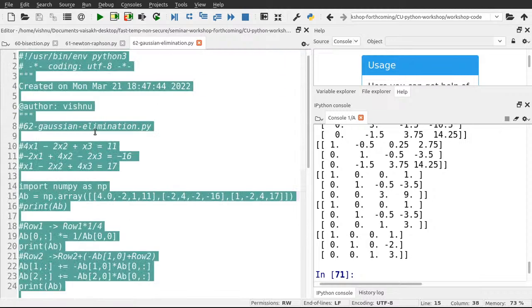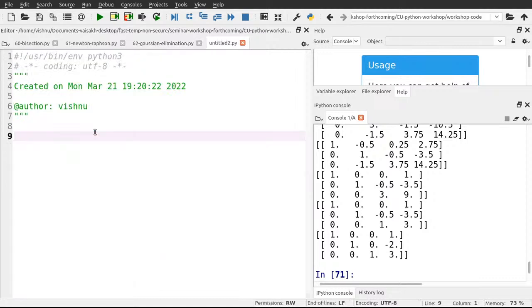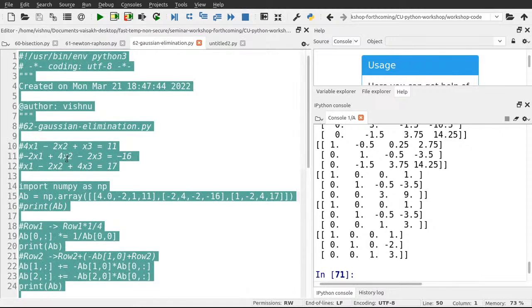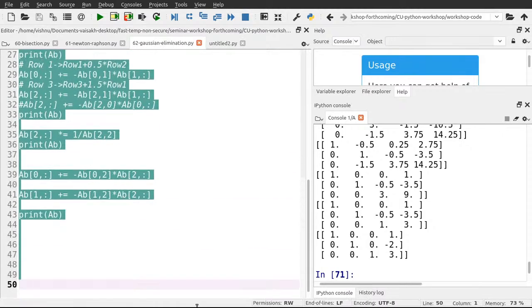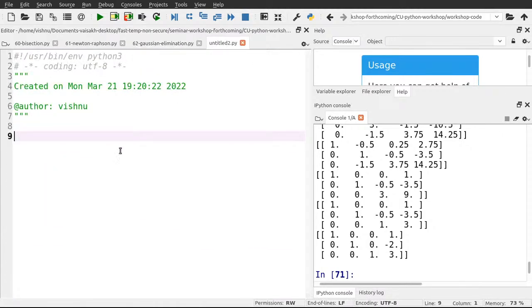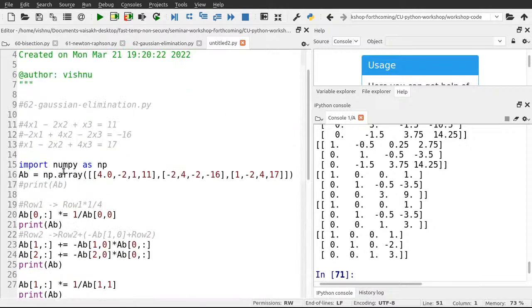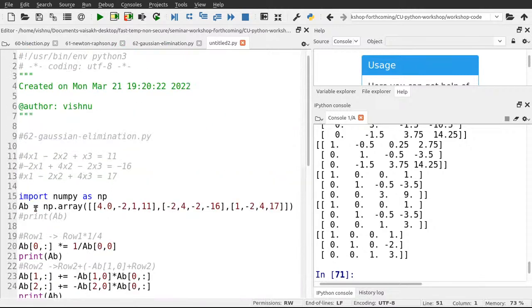So let me just copy and paste and call this Gaussian elimination general. More or less the same code, but the program is for a general matrix, not exactly for 3 by 3. So let us keep the same equation.